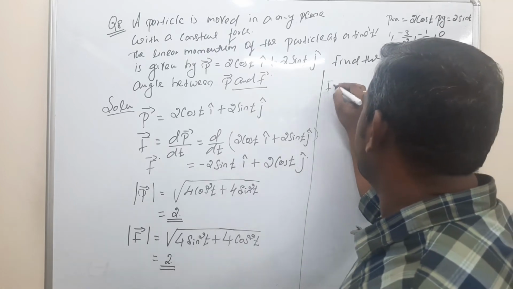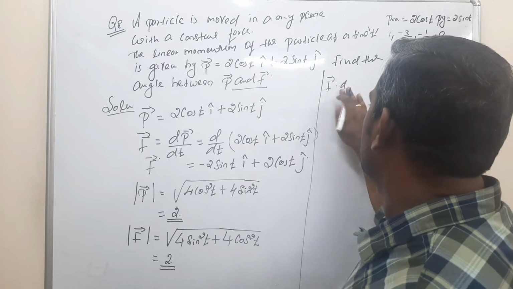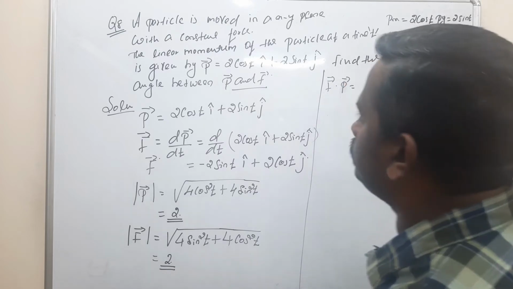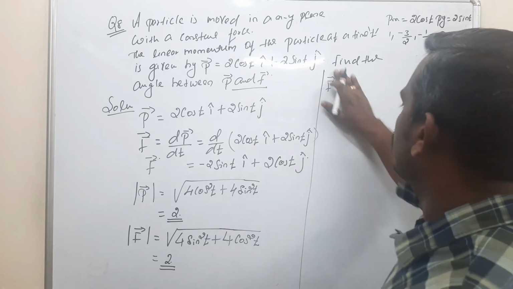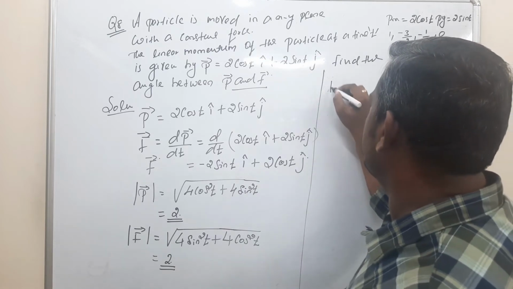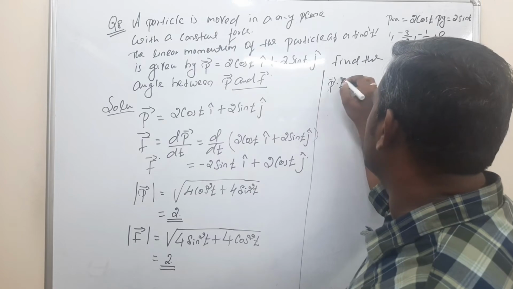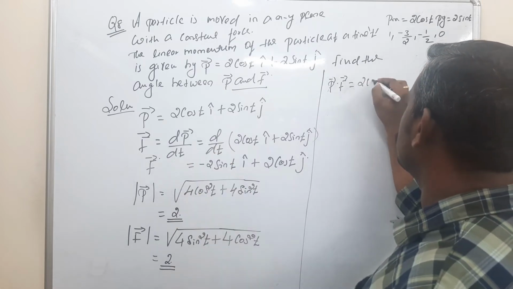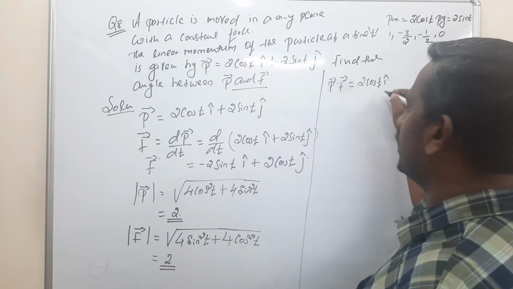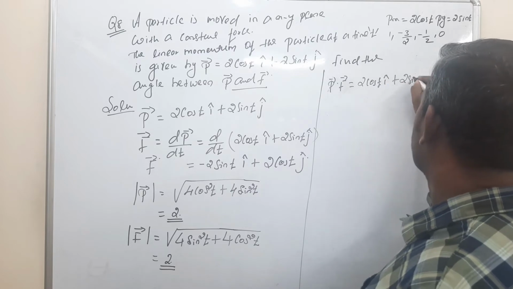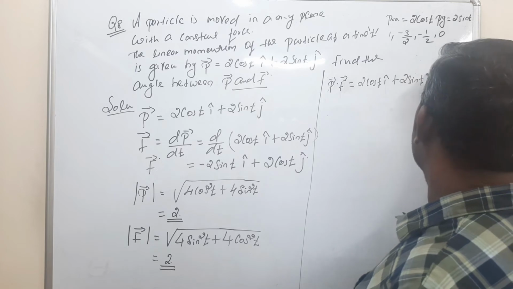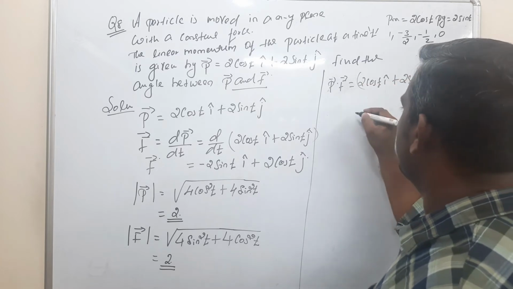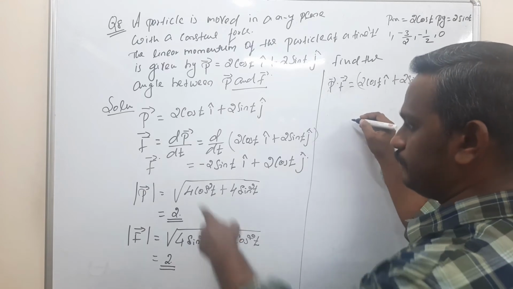Now P vector dot F vector. What is P vector? That is 2 cos t i cap plus 2 sin t j cap, dot, what is F vector?